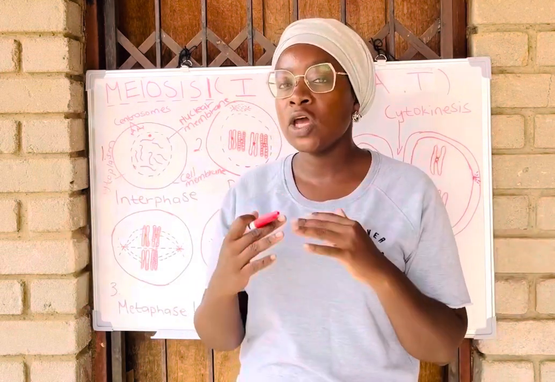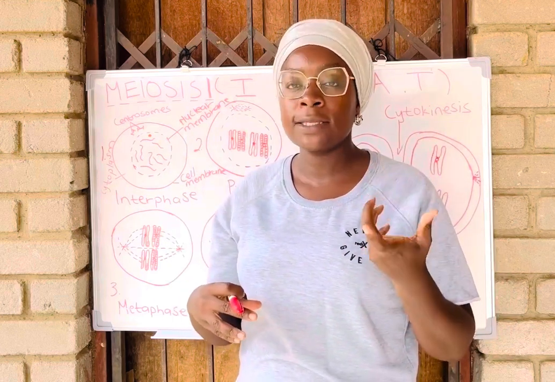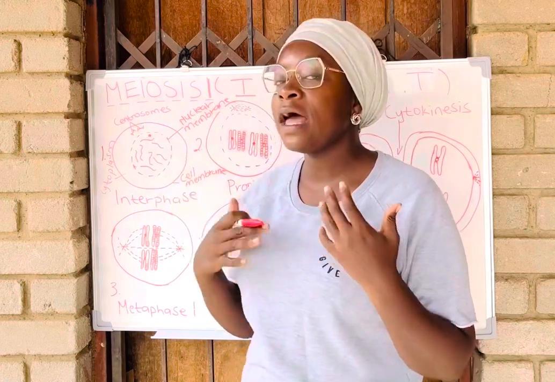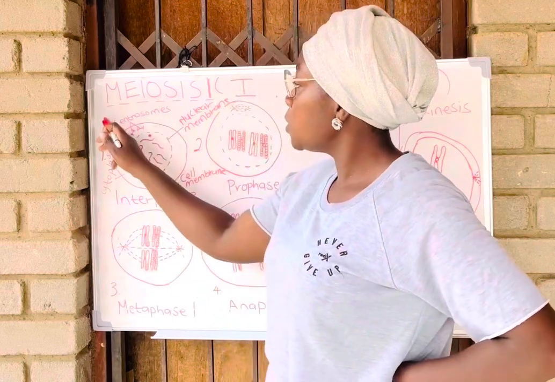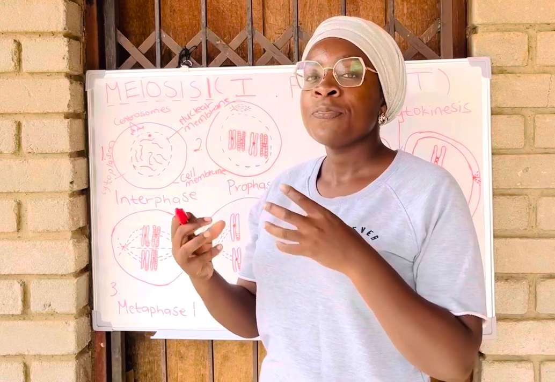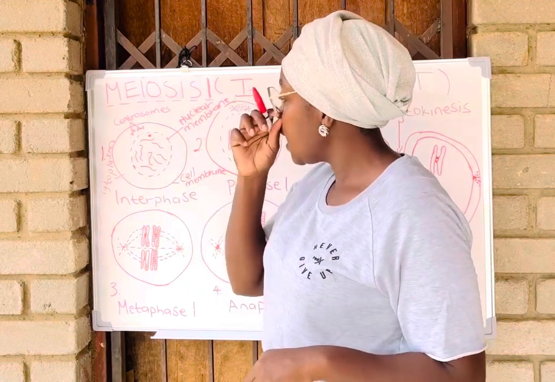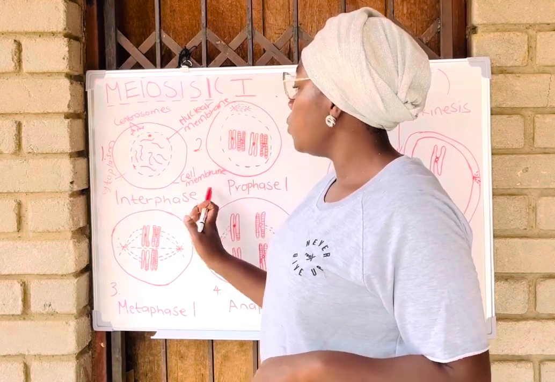In your examination, they bring these diagrams and ask you to label them, or they'll give you the diagram and ask which phase it represents. This is our centrosome. Our centrosomes are going to help us get our spindle fibers. We have our nuclear membrane, our chromatids, and our cytoplasm.